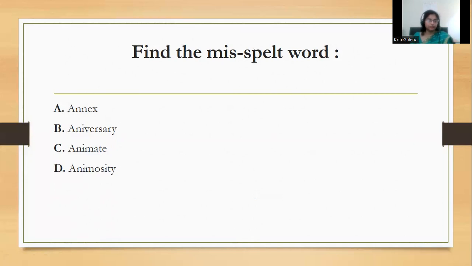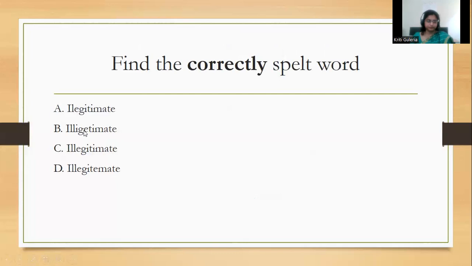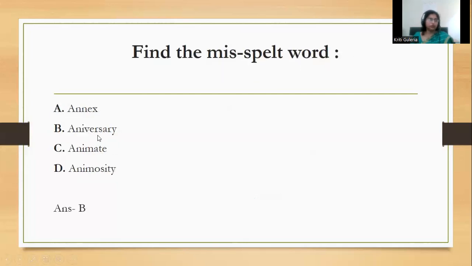So as you can see, in word B, there should be double N, anniversary, annual. So wherever the word relating to yearly representation is being given, there is always the double N. So anniversary is wrong because it is wrongly spelled over here, whereas it should be ANNIVERSARY, annual wala, double N. Clear?